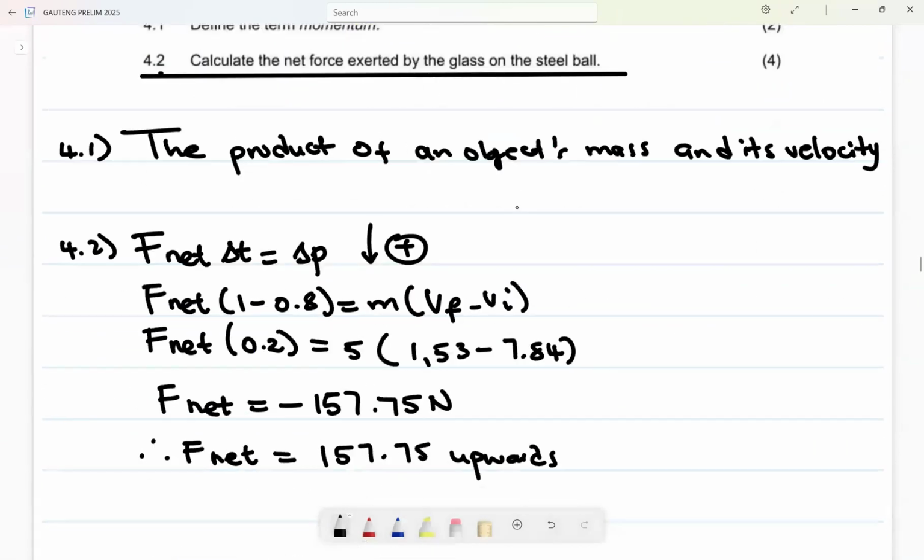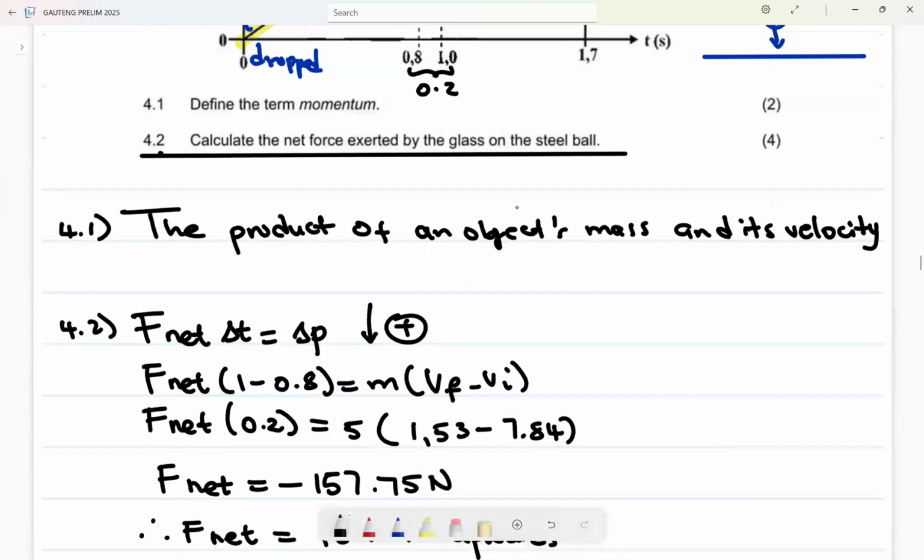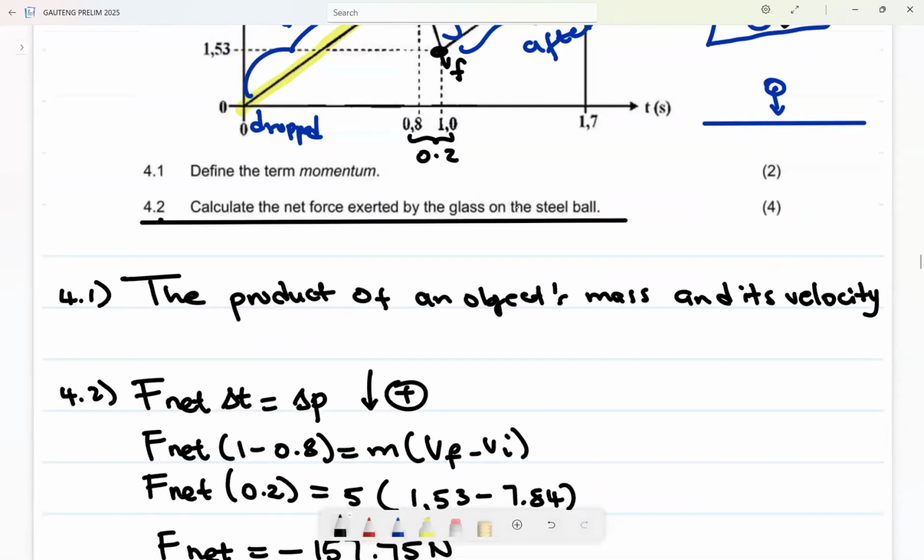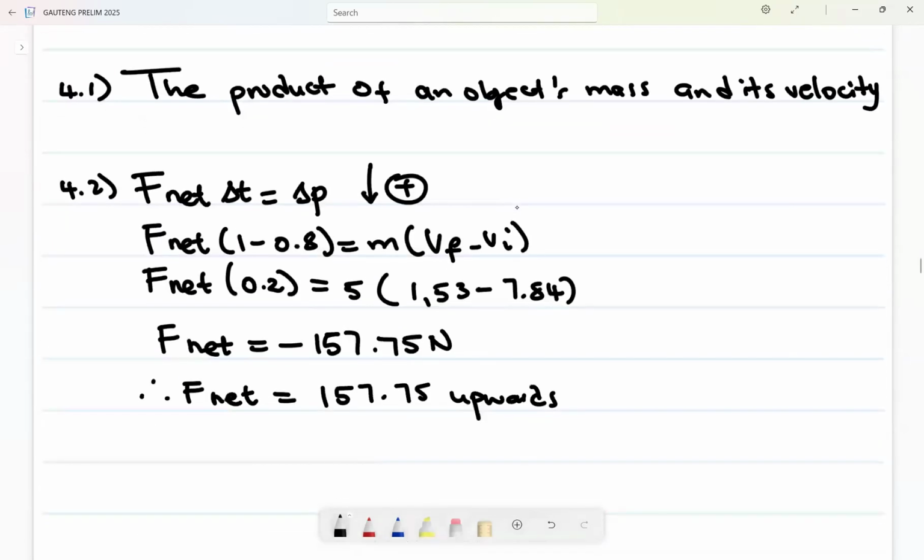So hence we are saying it is upwards. They said calculate the net force, they did not say the magnitude, so the direction matters. Here are the formula, the substitution, and then realizing the contact time is this, with your answer upwards.